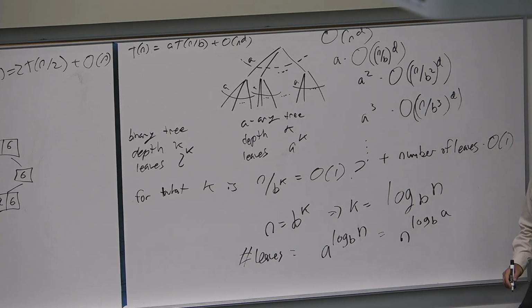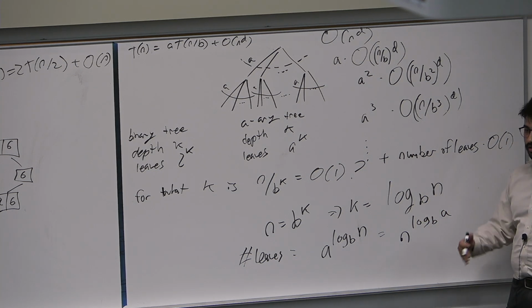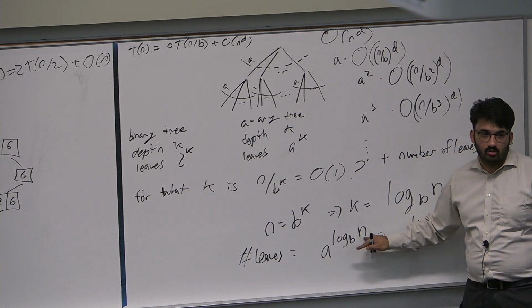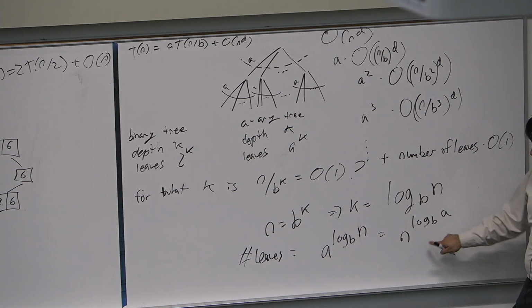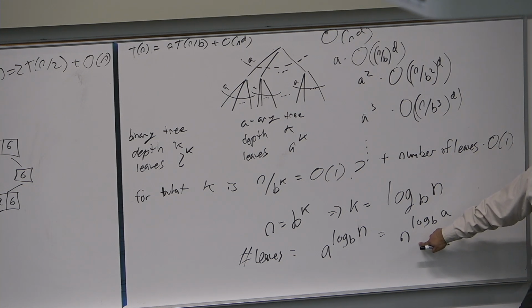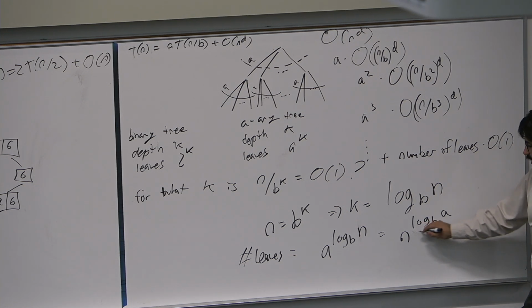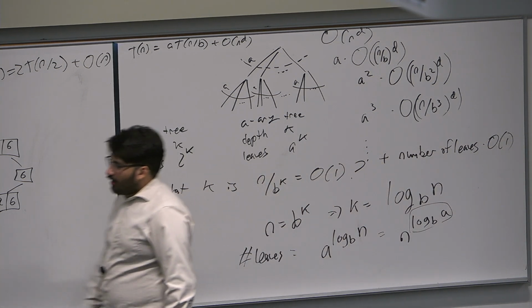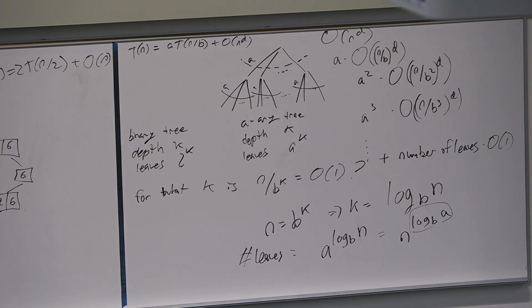Yes, that's also correct. You can derive that from what you said. It would take one extra step. But basically, if you have something to the log of something, you can swap those. So we swap the a and the n here, and we get this: n to a constant. And the reason we like this is that the exponent is now a constant, so it's like a polynomial, n to the something. Okay, so we have parts of the runtime. We just need to sum everything up and make it all nice.